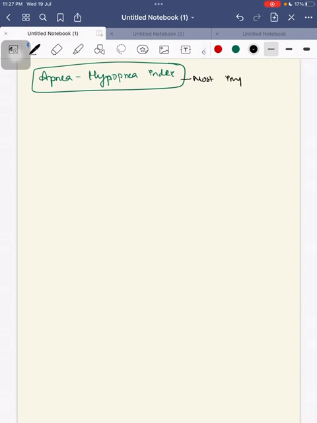So this is the most important parameter that is defining the sleep disordered breathing in sleep study. Okay, so what is this apnea hypopnea index?